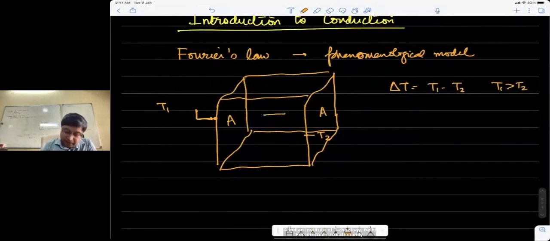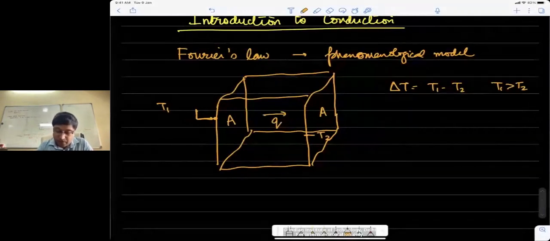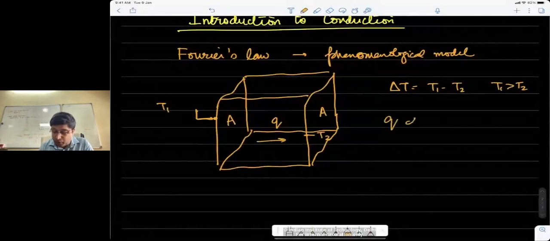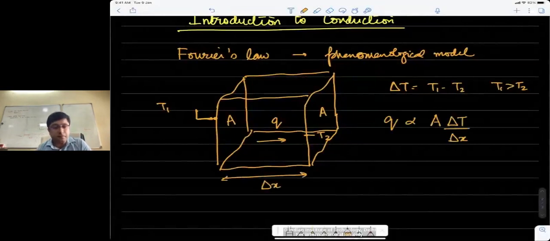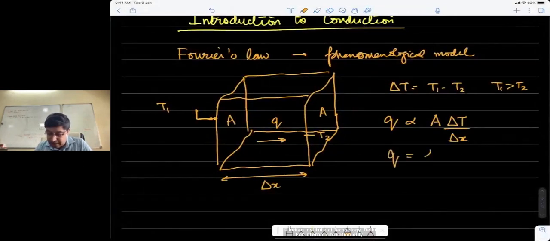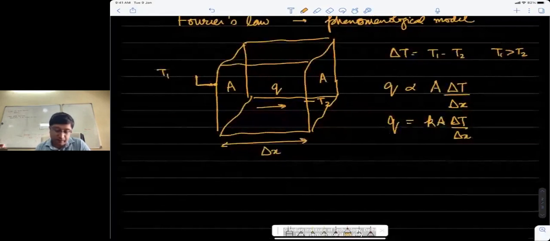So what is observed is that the rate at which energy transfer happens from one phase to another, Q, going from left to right, was found to be proportional to the area of cross section and to the temperature difference, but inversely proportional to the thickness or the distance between the two surfaces. So we could write that Q is KA delta T over delta X, where K becomes the constant of proportionality, and we call K the thermal conductivity of the medium.